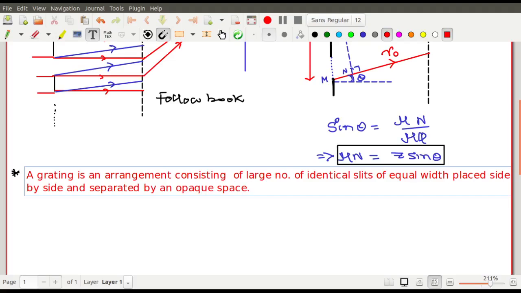As you understand that there is opaque space, a opaque space থাকে, and separated by an opaque space from one another. In double slit there was only one opaque space, but here there are multiple opaque spaces.